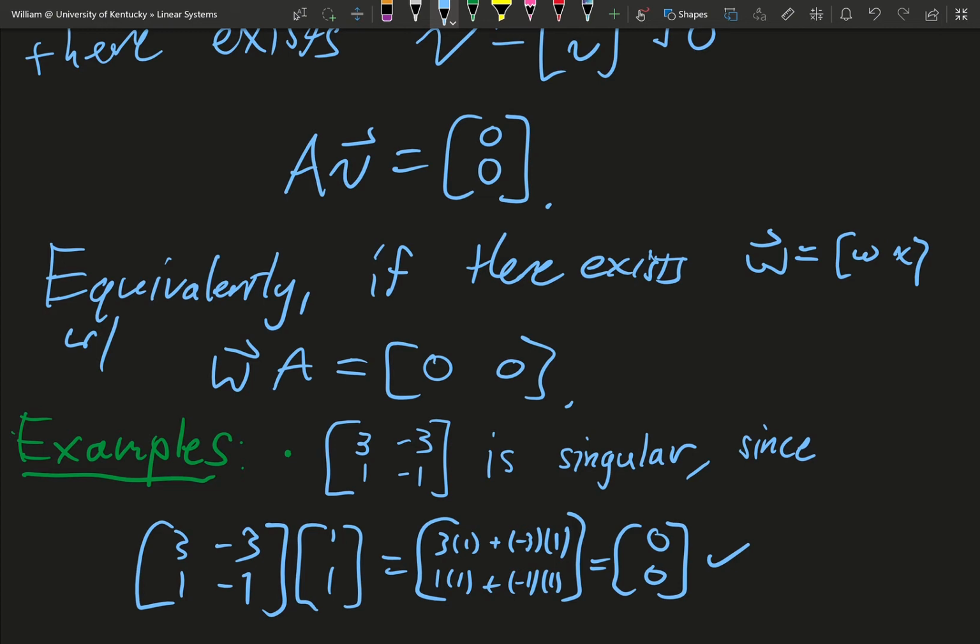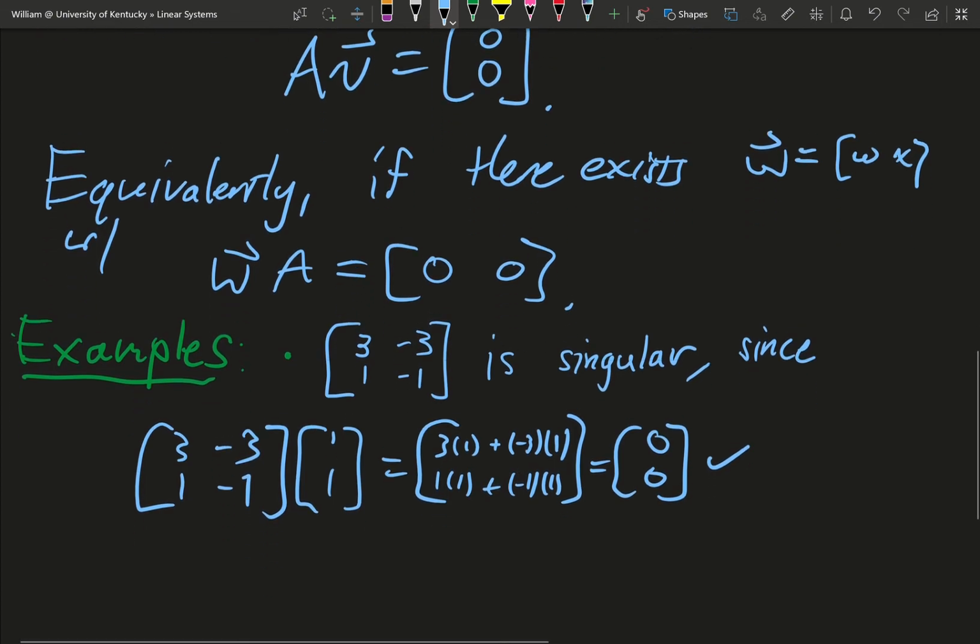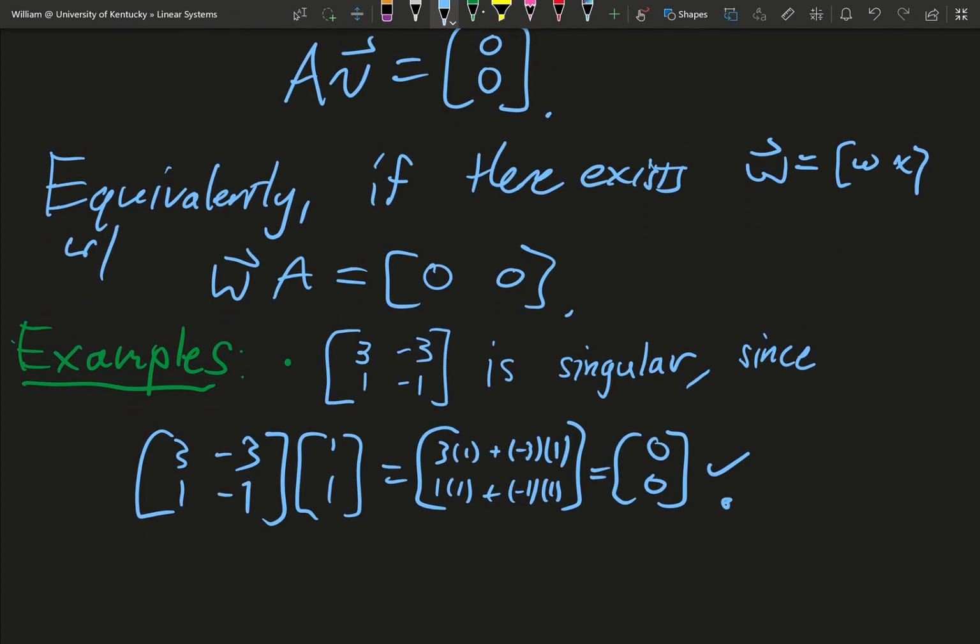That means it's singular. I want to note, from the other perspective, if I multiply by 1, -3, the same thing's going to happen. So 1 times 3 plus -3 times 1.